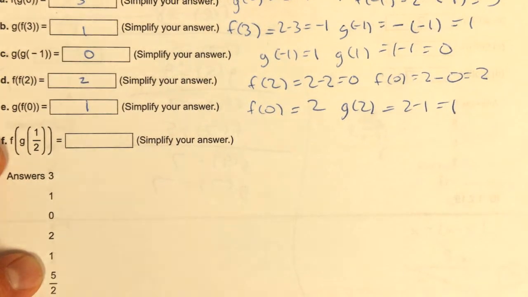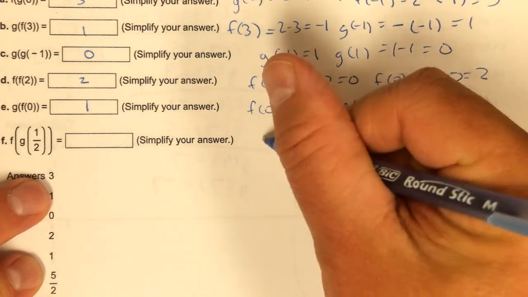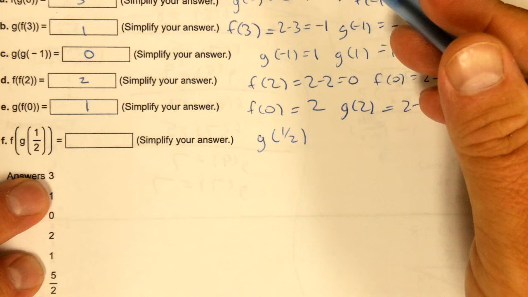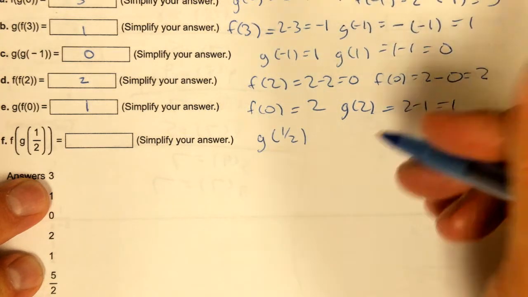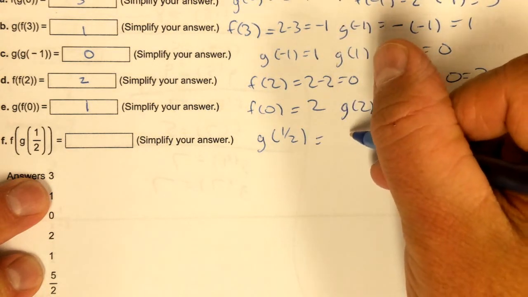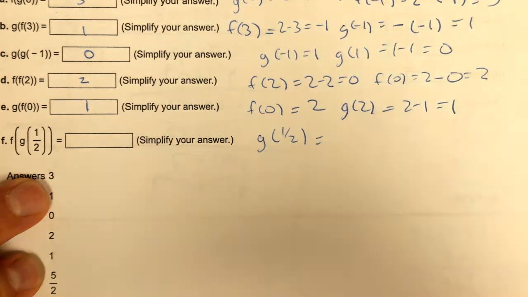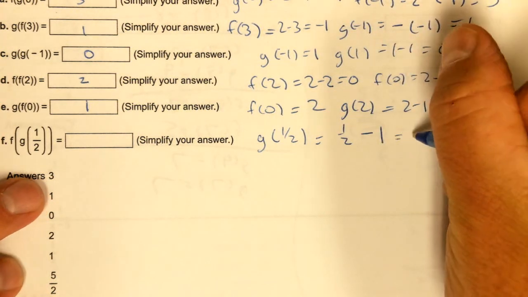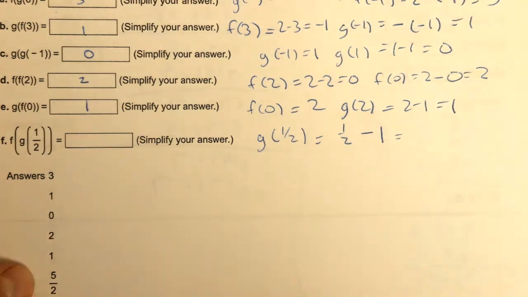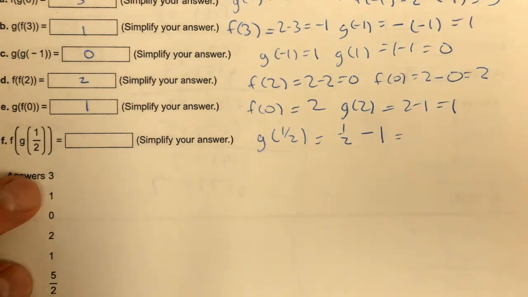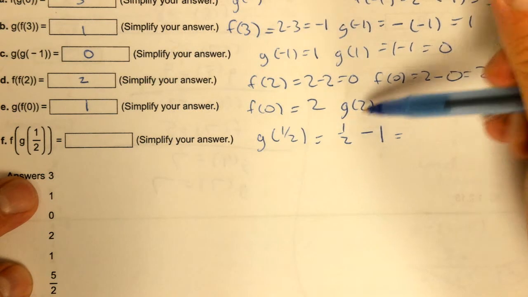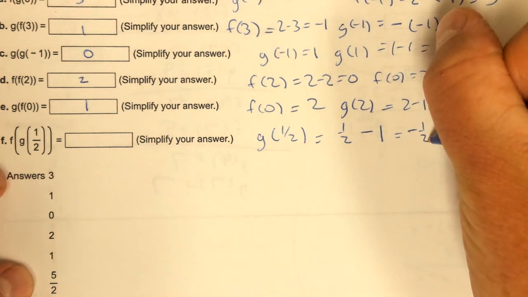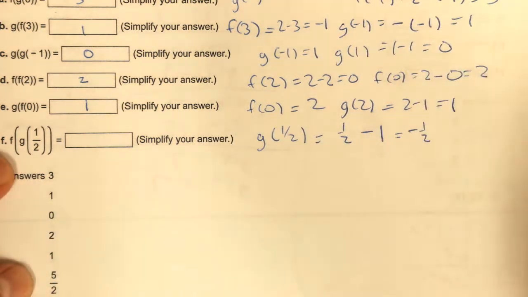And now you have a fraction. You do g of 1/2, and so that would fall in the interval between 0 and 2. So that would be 1/2 minus 1, which is, hold on, g of 1/2 is negative 1/2, and then do f of that answer.